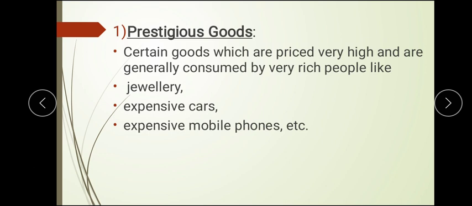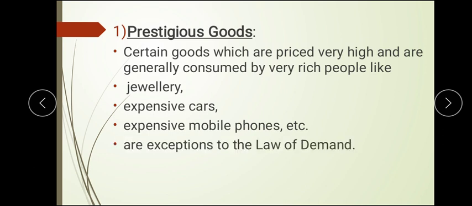So this is what prestigious goods are all about. Examples are jewelry, expensive cars, mobile phones, and different goods which very rich people consume and whose prices are extremely high.